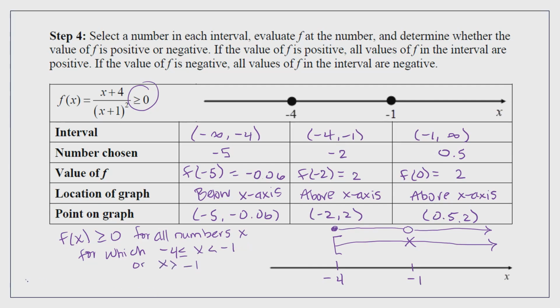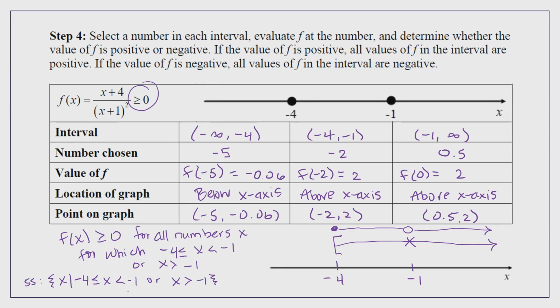Okay. As a solution set, we would write it similarly. All values of x where x is greater than or equal to -4 and less than -1, or x is greater than -1.